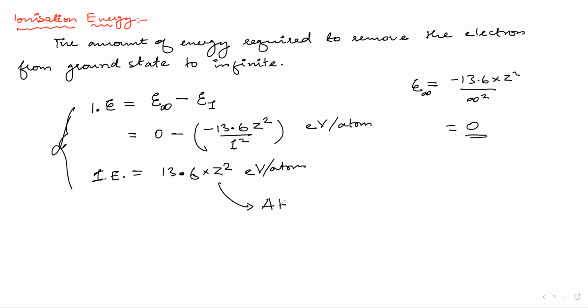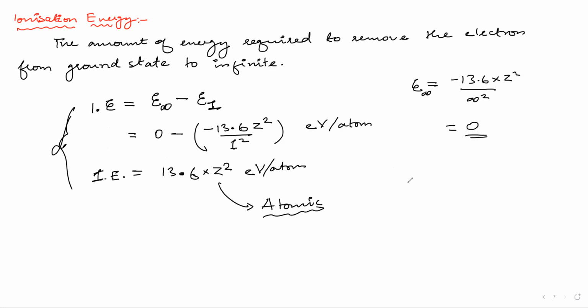What is this Z? Atomic number. Always remember, this complete Bohr model is only applicable for a one electron system, meaning the electron should be in the first level. That is why this 13.6 is only applicable if the electron is in the first level.